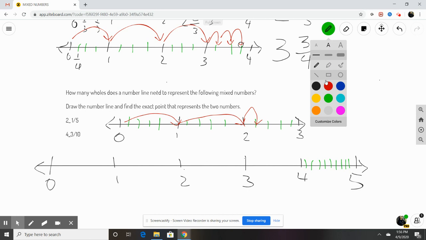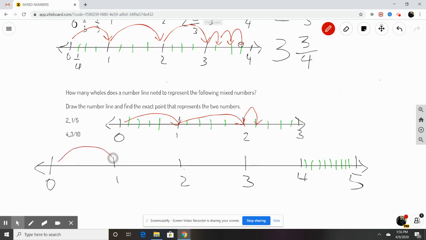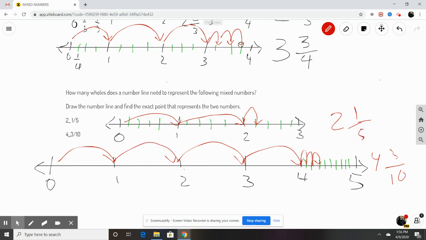Then I'm going to jump very quickly through my whole numbers. 1 whole, 2 wholes, 3 wholes, 4 wholes, and then 1 tenth, 2 tenths, 3 tenths. So here's the point where I have 4 and 3/10. And here's the point where I have 2 and 1/5.